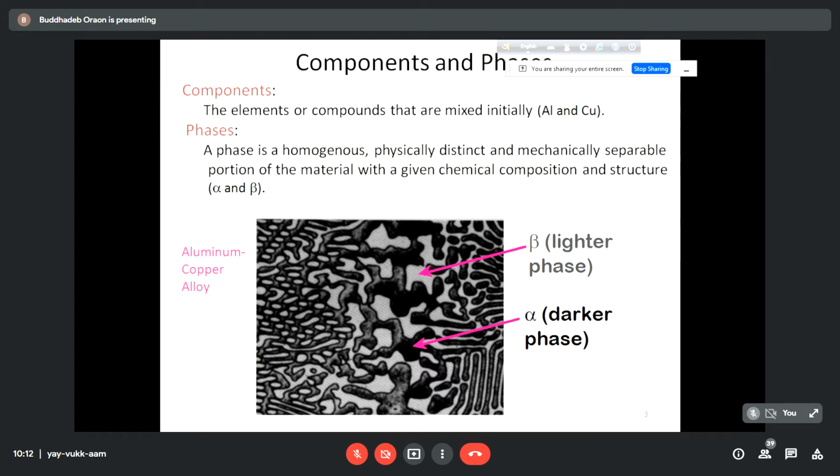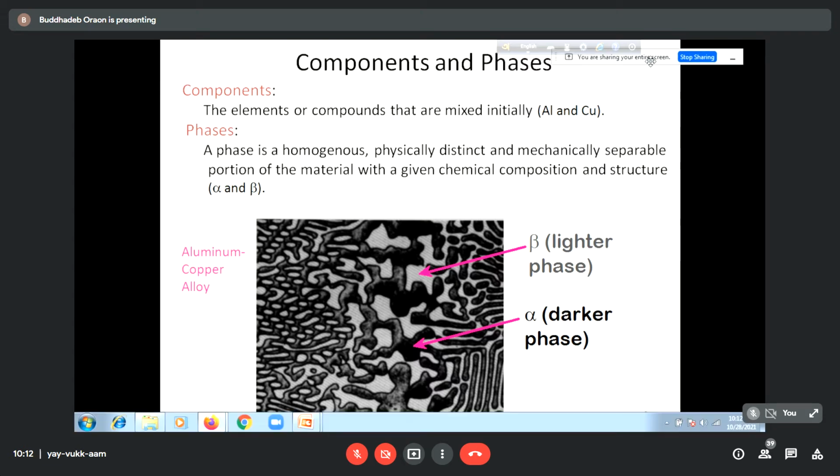Now, components and phases. You might have seen the microstructure in diagrams. In fact, you will study the microstructure of different common and extensively used materials in our metallography lab in your third year classes.